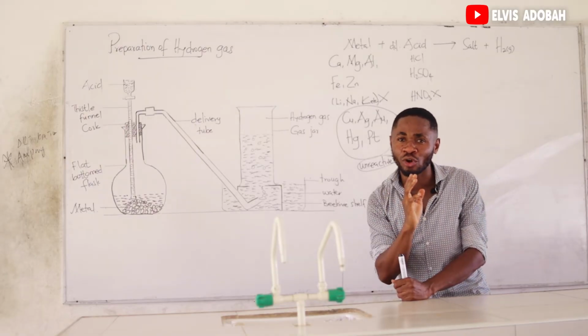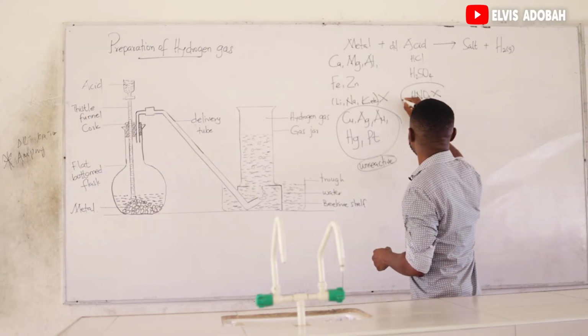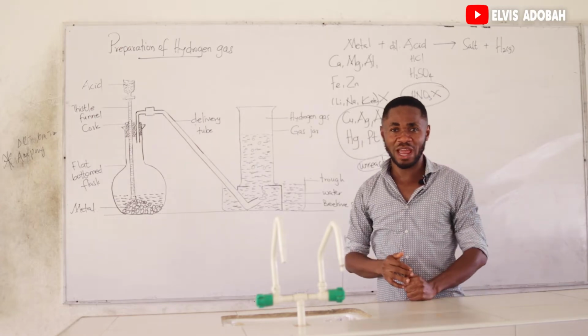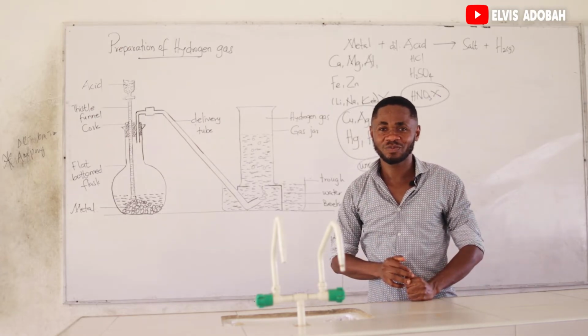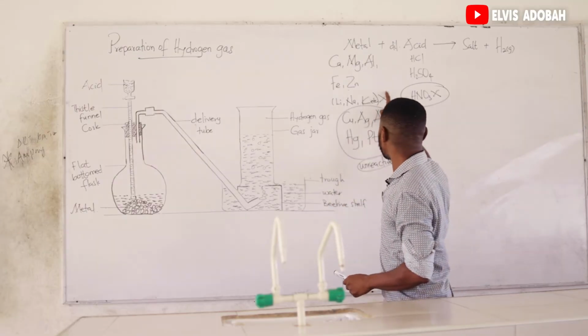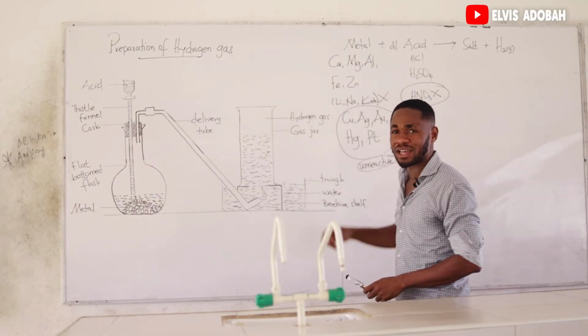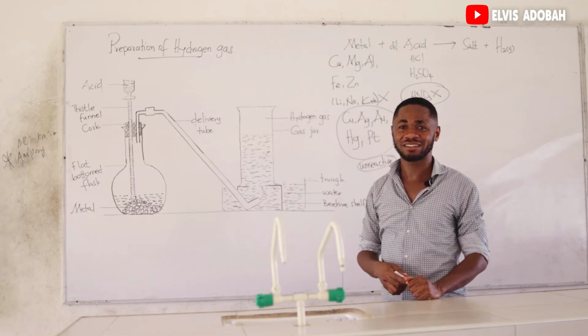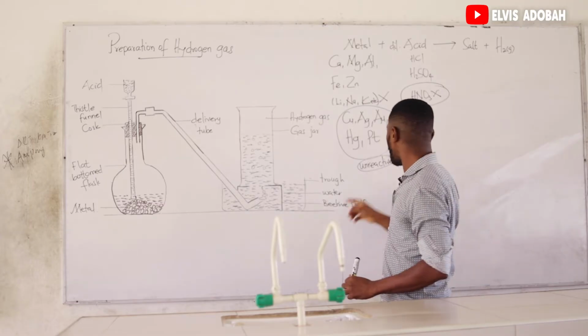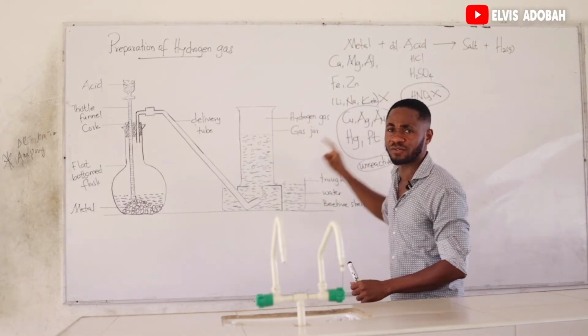But if you don't want any trouble, avoid nitric acid in this reaction. Also avoid the group 1A metals in this reaction, and definitely avoid these unreactive metals.